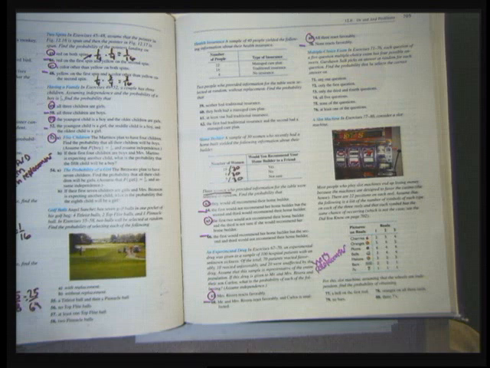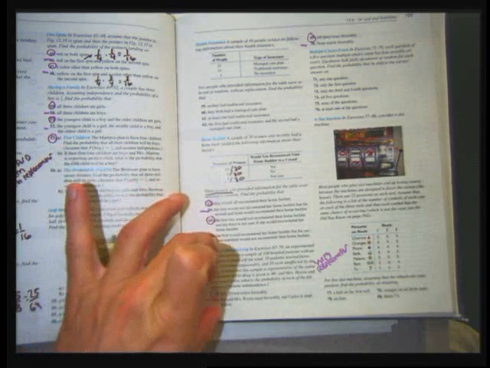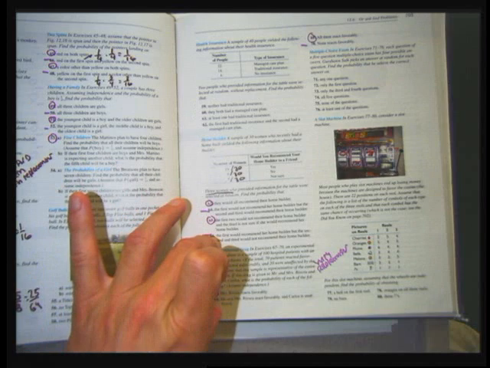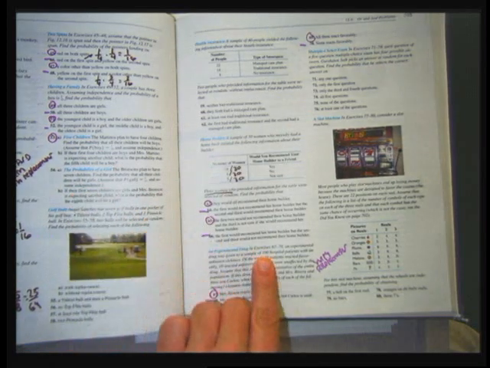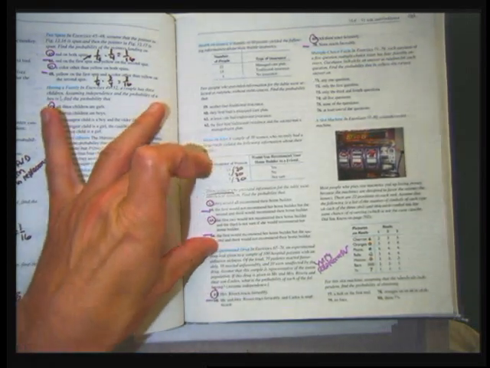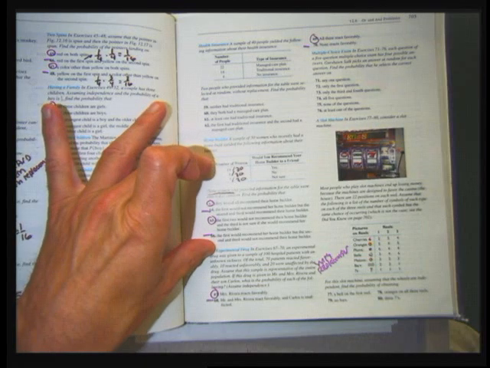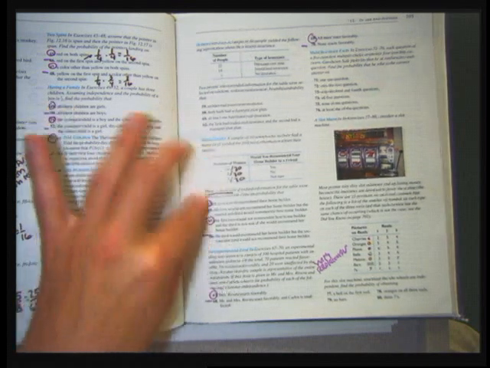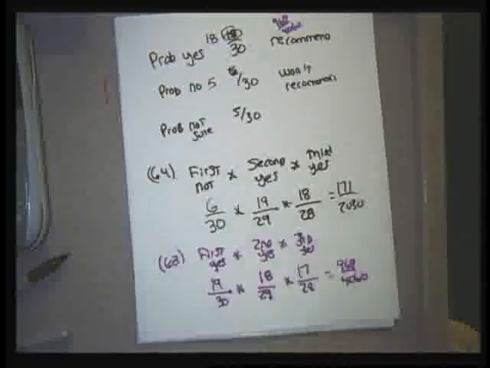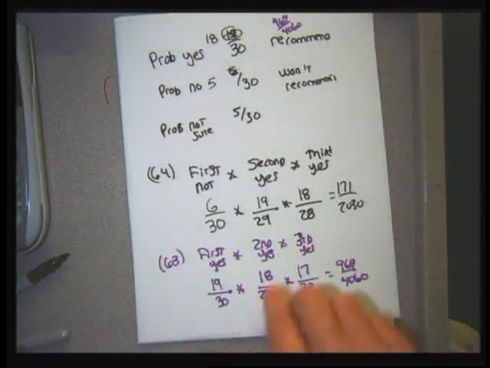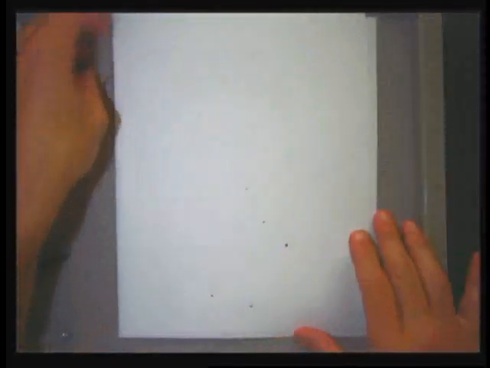This is because in this problem, the people that were given the drug weren't one of the test patients. Whereas in problems 63 through 66, the people that were surveyed were people that were of these 30. So that's why I did the first problems, 63 and 64, by incrementing down, but I'm not going to when I do 69 and 70.